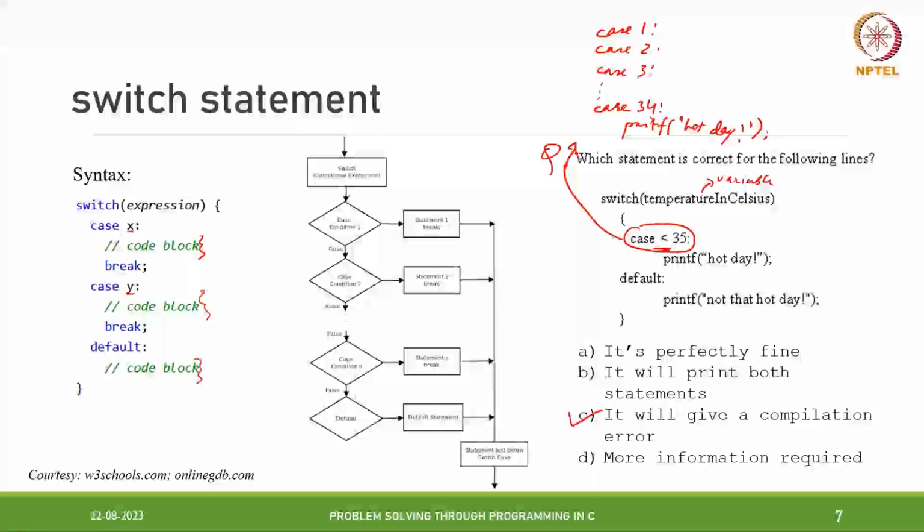This is illegal syntax, you cannot express case less than 35. You have to write all the way from whatever is your starting point, whatever value this temperature in Celsius could take, till 34 here. You can see I have not written the break statement here, right? So if any of these cases is true, 1, 2, 3, 4 all the way till 34, it will go and print hot day.